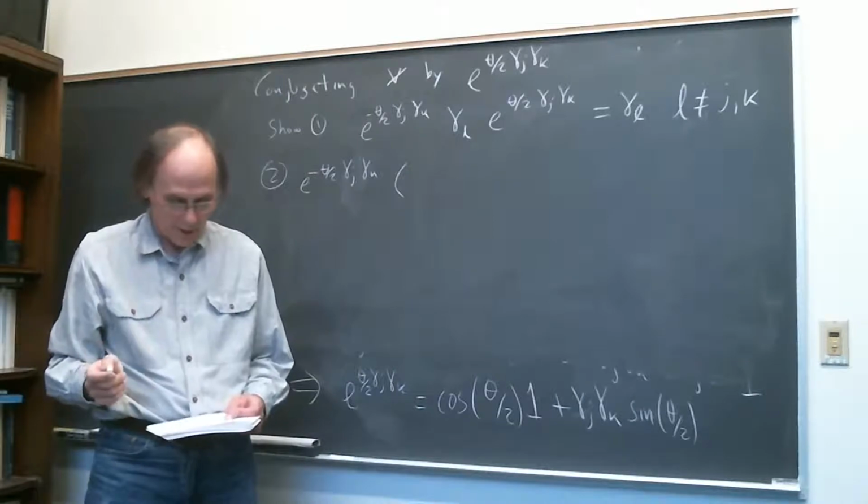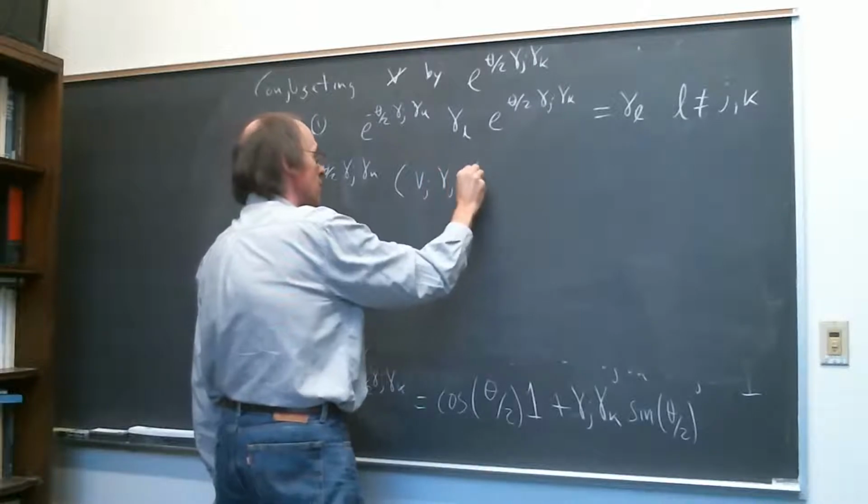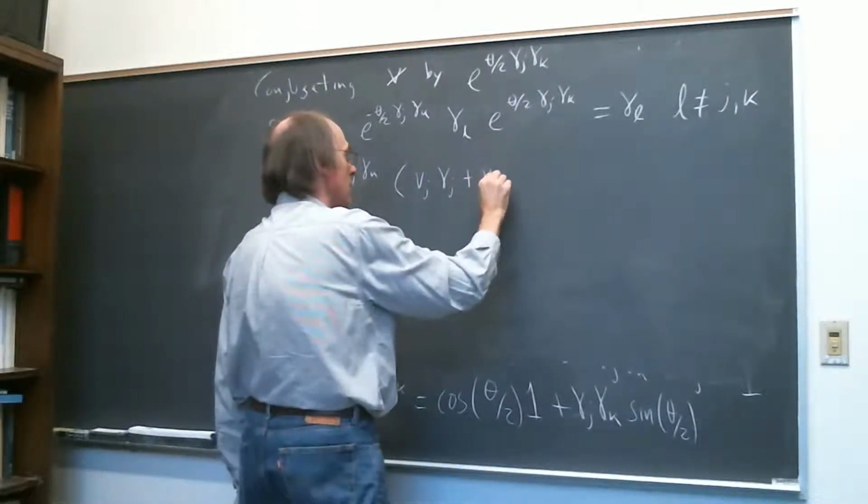So that's going to be something, say Vj gamma j plus Vk gamma k.